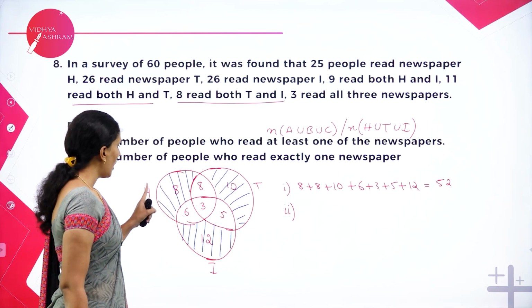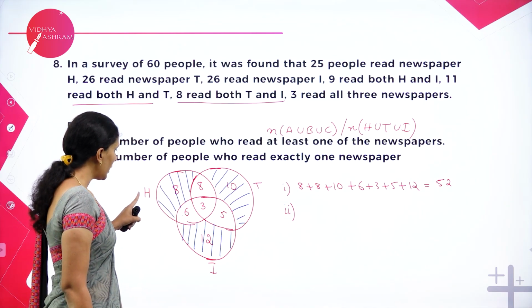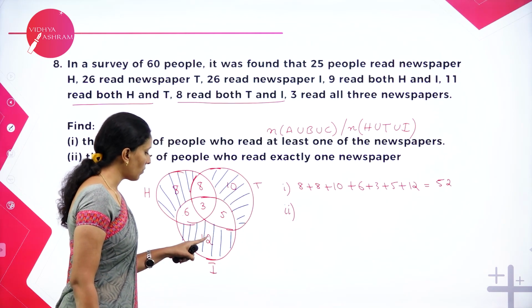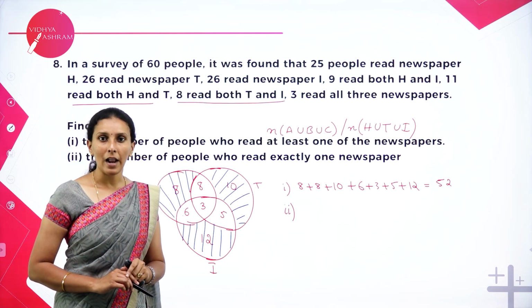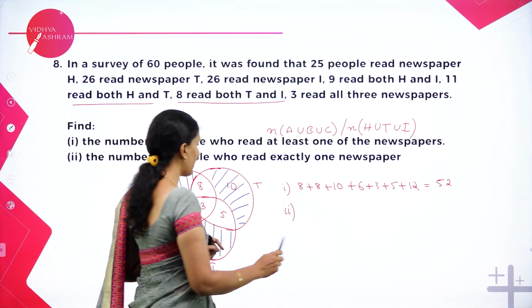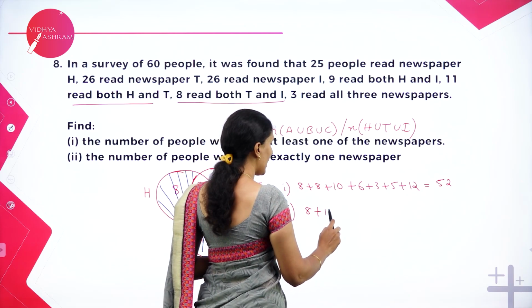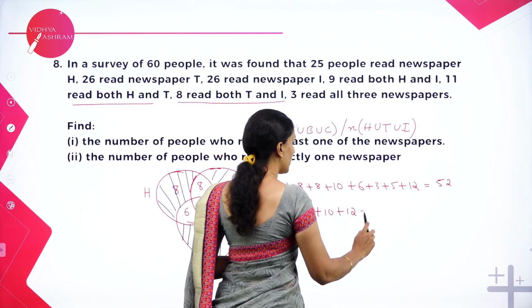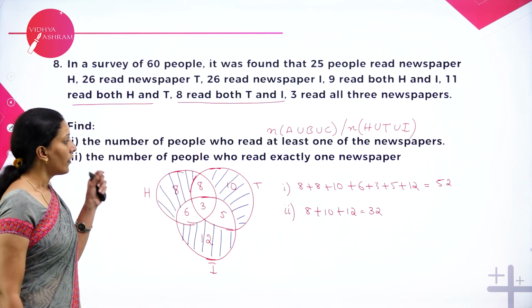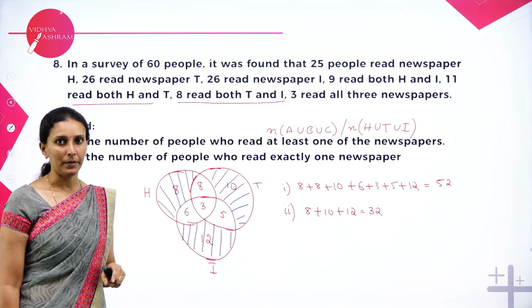So that is 8 people read only newspaper H, 10 people read only newspaper T, 12 people read only newspaper I. So the number of people who read exactly one newspaper is 8 plus 10 plus 12, that is equal to 32. So 32 people read only one newspaper.